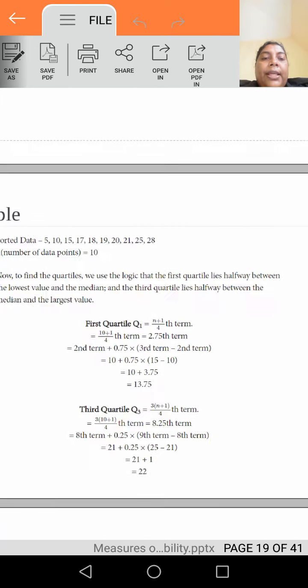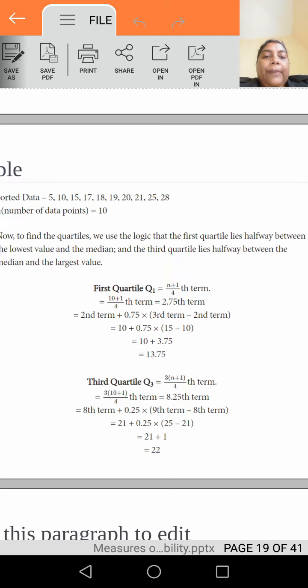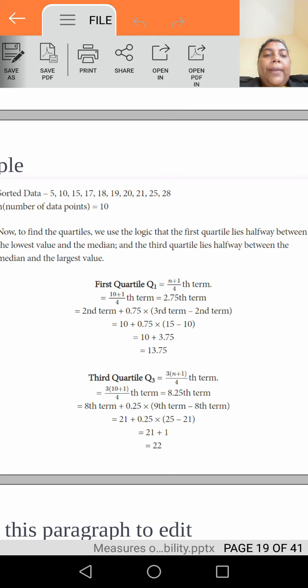So here that is 2.75, that is the 2nd term plus 0.75 into the difference of the 3rd and 2nd terms. So 10 plus 0.75 into (50 minus 10) is equal to 13.75. Third quartile is 3 into (n plus 1) by 4. So 3 into (10 plus 1) by 4 is the 8.25th term.